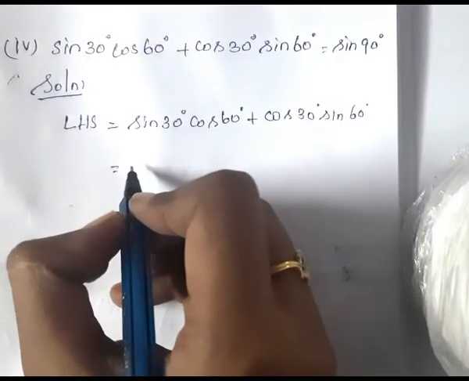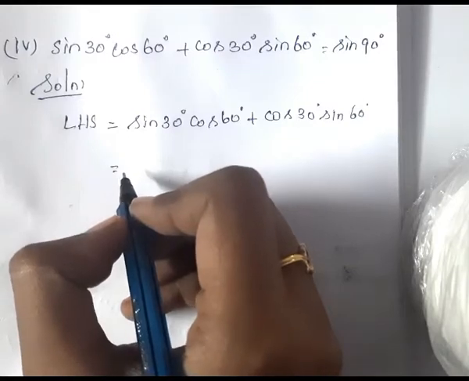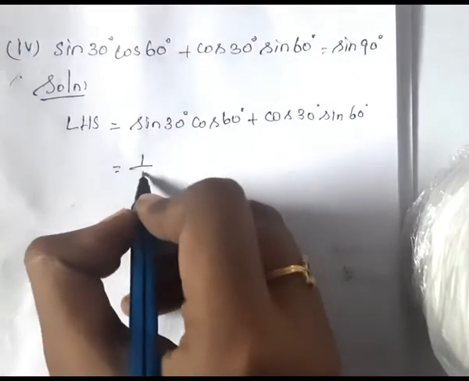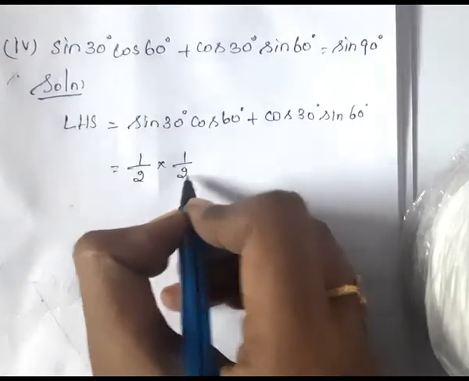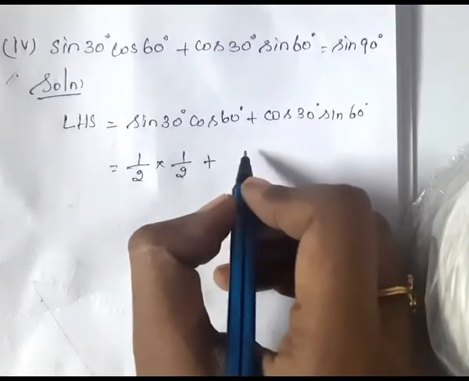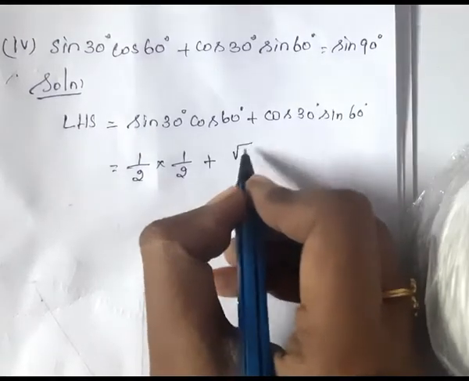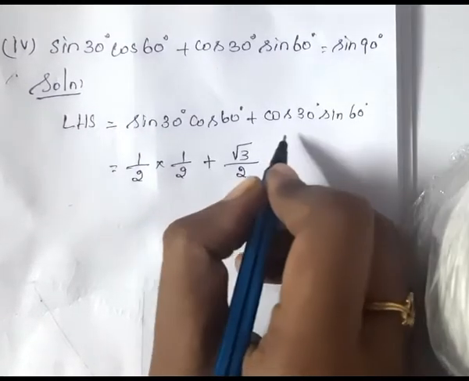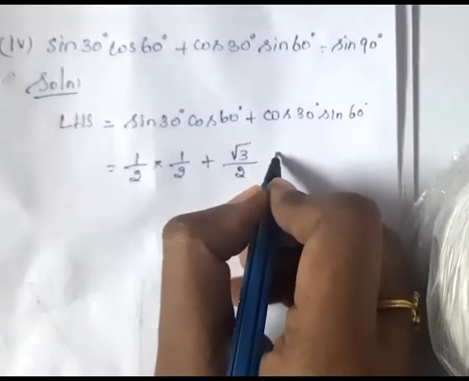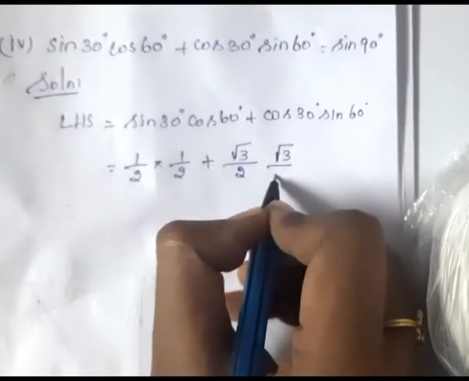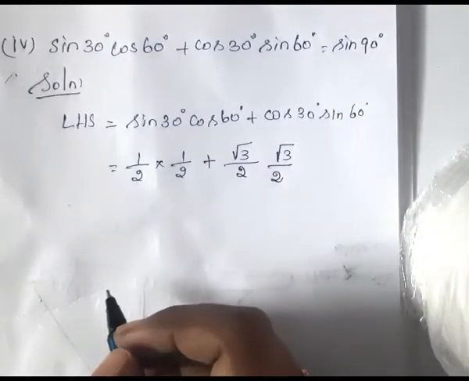That is equal to, sin 30 degree value is 1 by 2. And cos 60 degree value is again 1 by 2. Plus cos 30 degree value is root 3 by 2. Then sin 60 degree value is root 3 by 2.